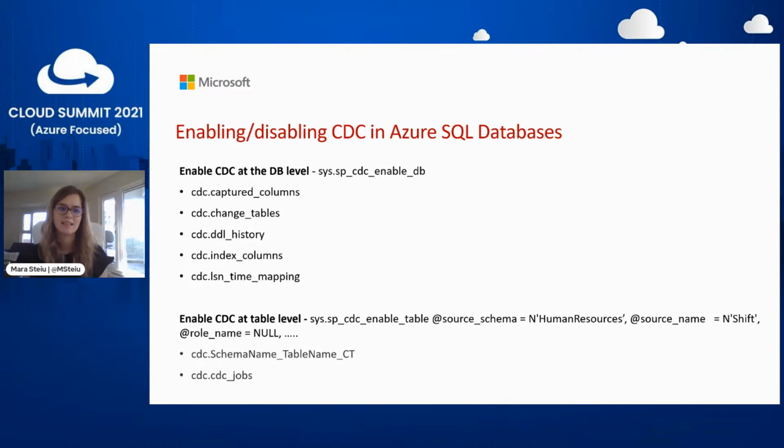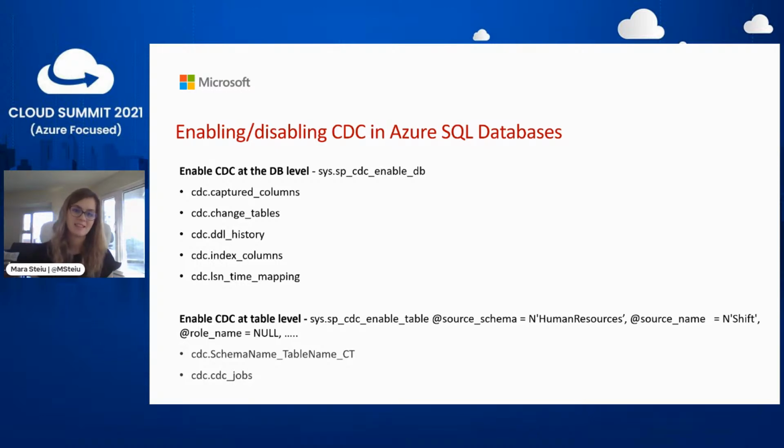So once you enable CDC at the database level, you get these 5 system tables. So the first one, list of capture columns, list of tables that are enabled for capture, and the DDL history table. Then you can see the indexes associated with this change table. And lastly, you can see the mapping of LSN number and time.